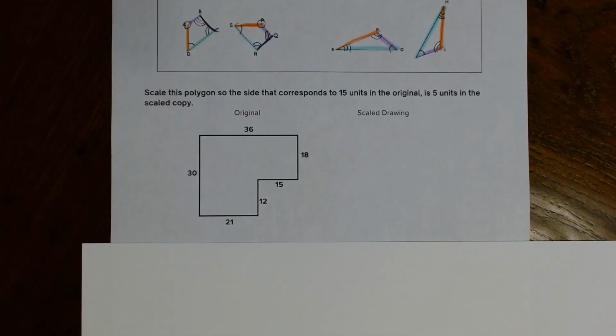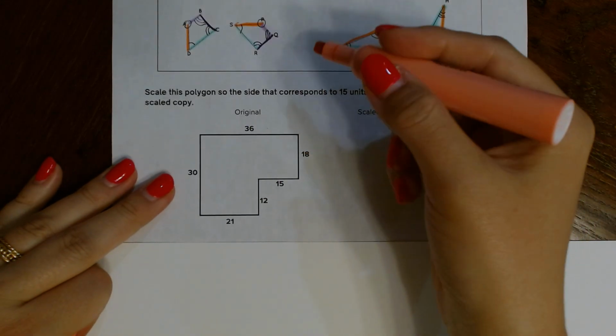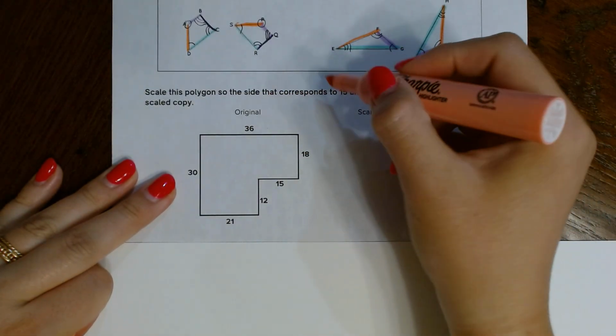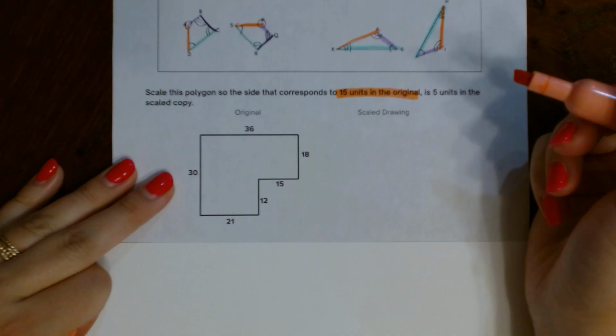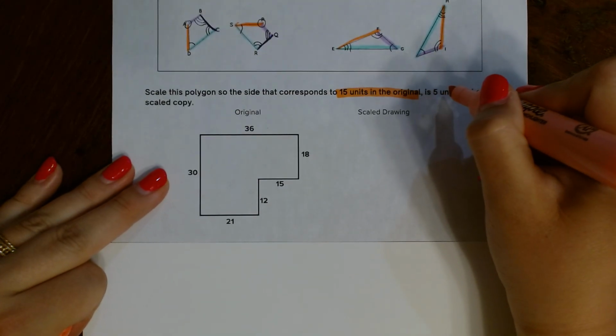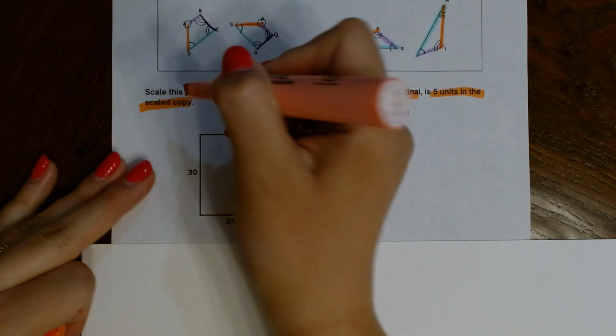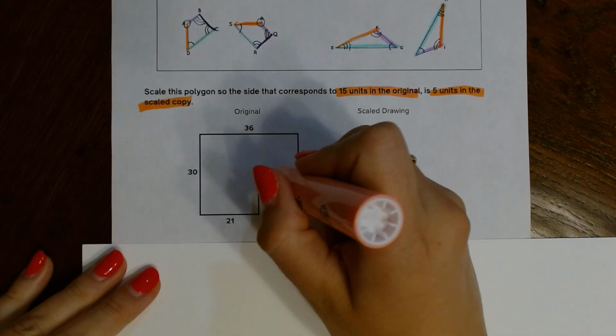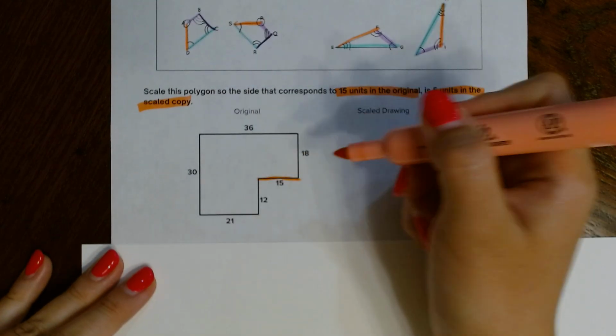Scale this polygon so the side that corresponds to 15 units in the original is 5 units in the scaled copy. Okay. So 15 units in the original is now going to turn into 5 units in the scaled copy. So we need to find that side that's 15 in the original.